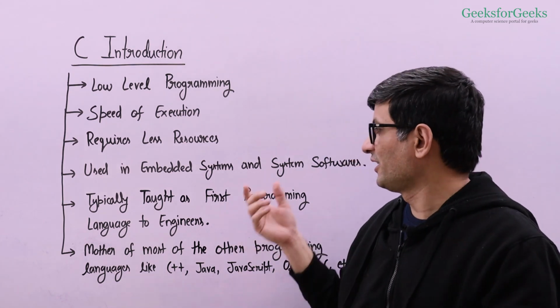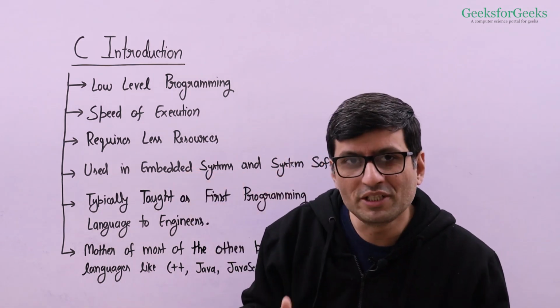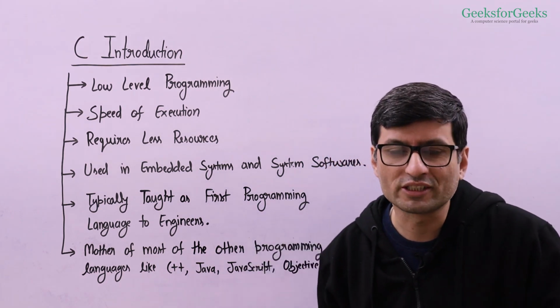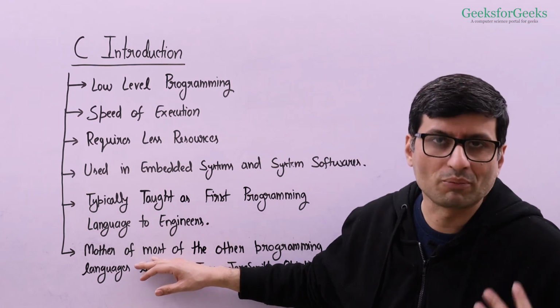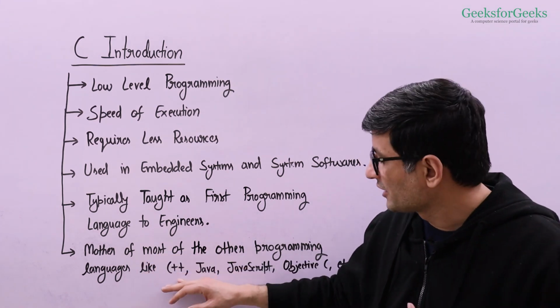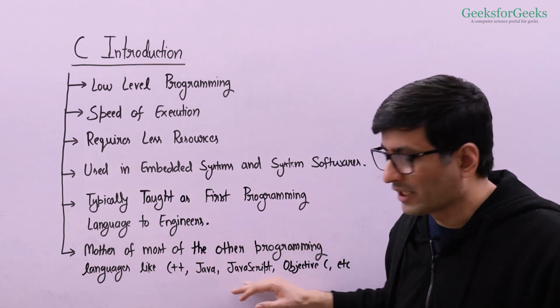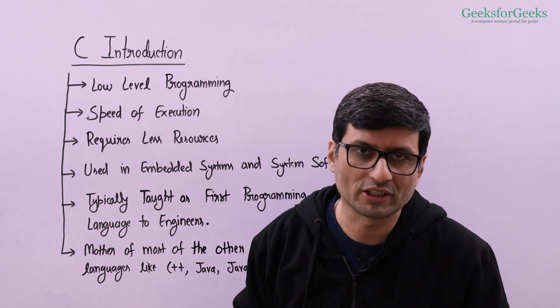As I said, it's the language for system software and embedded systems, and being an engineer, it's important to learn these things. Not only this, C is said to be the mother of most popular programming languages like C++, Java, JavaScript, Objective-C. Most of these languages inherited their syntax and features from C.